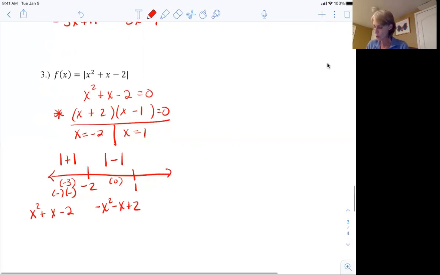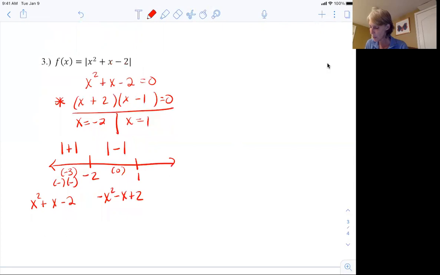And when x is greater than 1, we'll pick 2. I would have a positive times a positive. We would have a positive inside. So when I rewrite it without signs, I'm just going to write it how it appears in the absolute value.